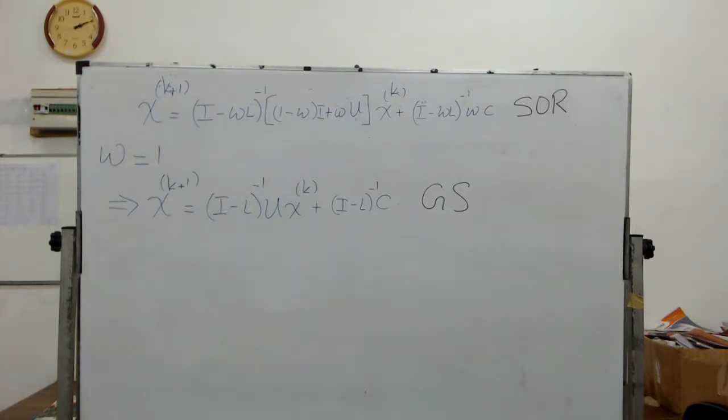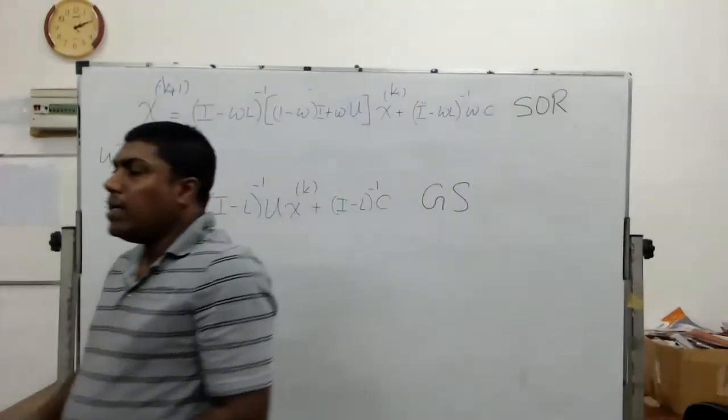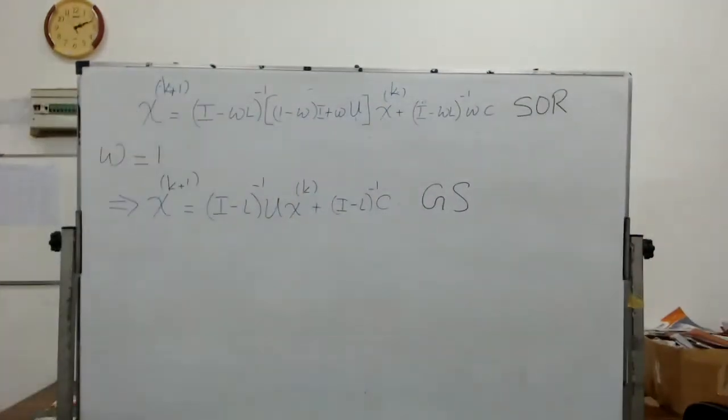So if we derive the convergence conditions for the SOR method, then by just putting omega equal to 1, we can derive the same convergence condition for the Gauss-Seidel iteration.